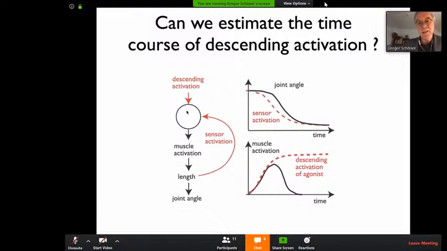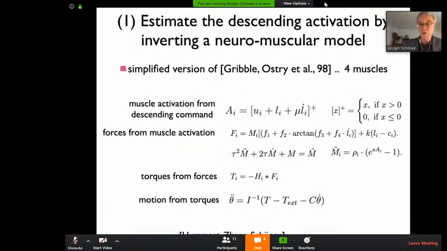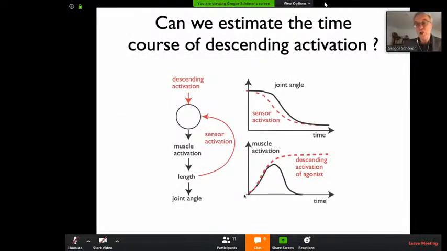So you actually need more descending activation to make up for that loss. If you didn't do that, then muscle activation would actually not be sustained. So you have a qualitatively very different shape of muscle activation than of the descending activation that goes to that muscle. So the descending signal actually makes a real change. It's really different initially than after the movement, while muscle activation is transient during the movement.